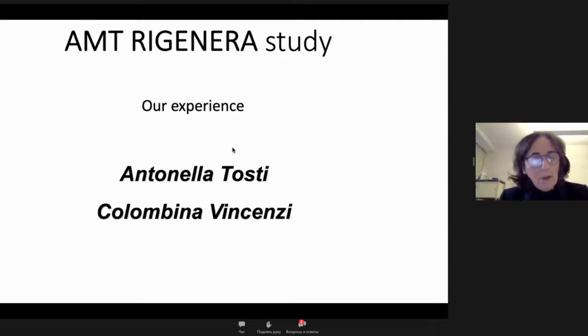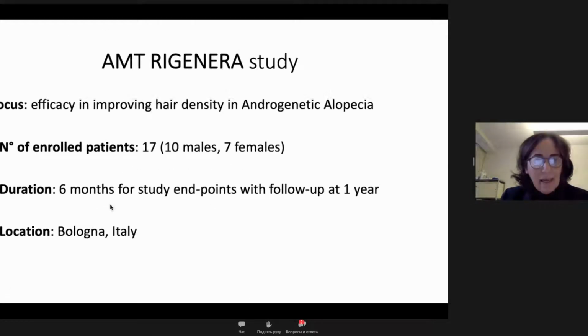So, I'm going to show to you our experience with autologous micrograft technology. We performed a clinical study to evaluate the efficacy in improving hair density in patients affected by androgenetic alopecia.